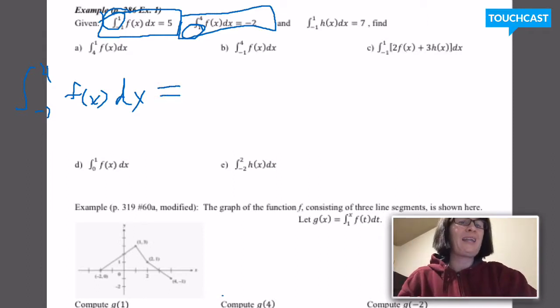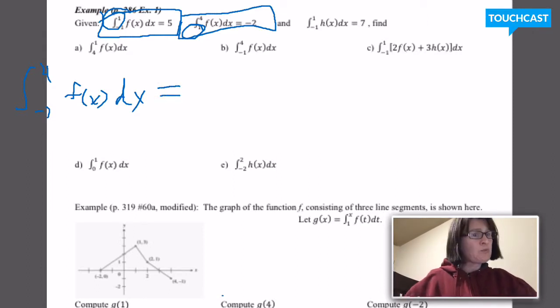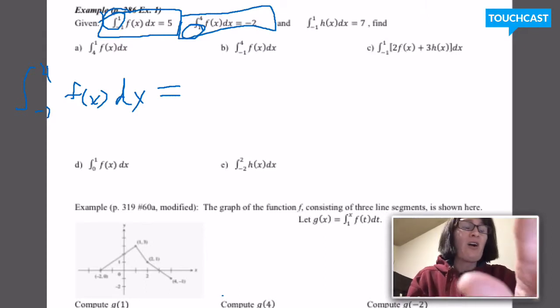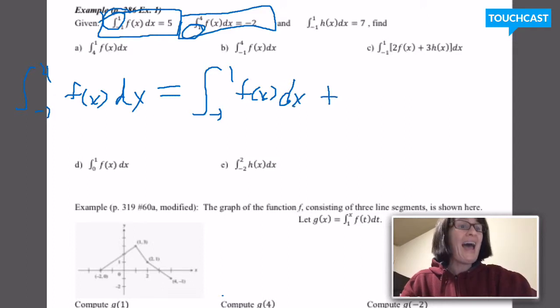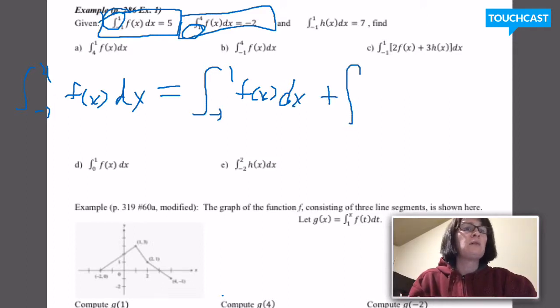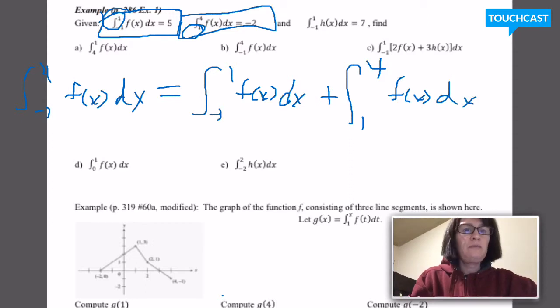So the expression I've been asked to evaluate, I can split up into two parts. And it happens to be convenient here because of what I've been given to split it up at x equals 1. So instead of integrating all the way from -1 to 4, I can integrate from -1 to 1 of f of x dx, and I'm going to add that to the integral from, I'm going to pick up where I left off. I stopped at 1. I'm going to go all the way to 4 of f of x dx.